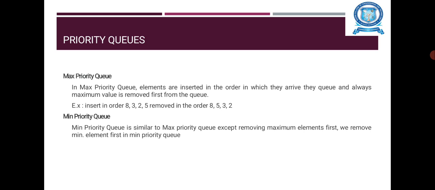For example, suppose the values inserted in the queue are in the order of 8, 3, 2, 5. If it is a maximum priority queue, we need to remove the element 8 first, because from these elements in the queue, 8 is the maximum element, so that is removed first. This is a priority queue.